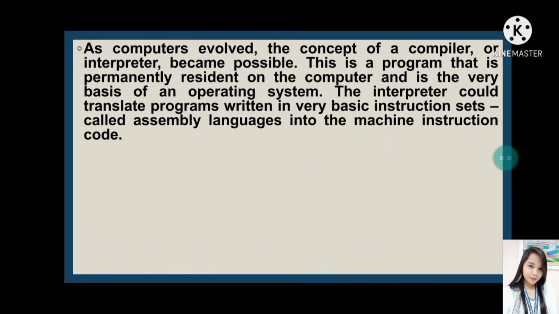So first, as computers evolved, the concept of a compiler or interpreter became possible. This is a program that is permanently resident on the computer and is the very basis of an operating system. The interpreter could translate programs written in very basic instruction sets called assembly languages into machine instruction code.